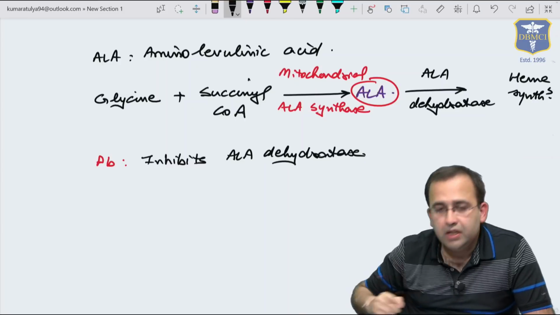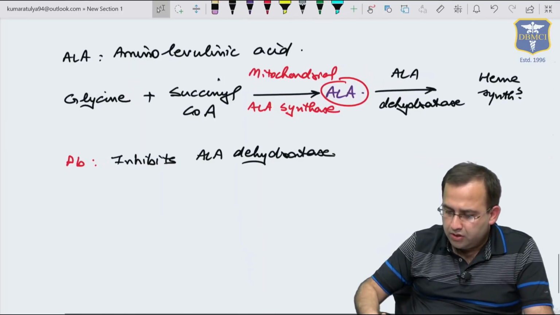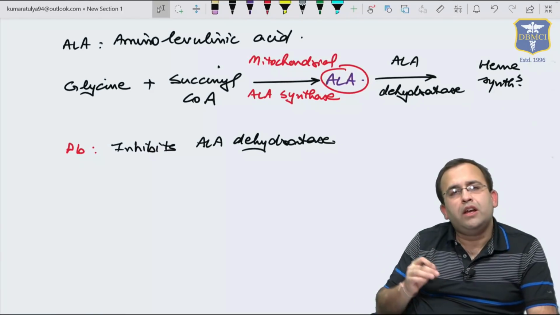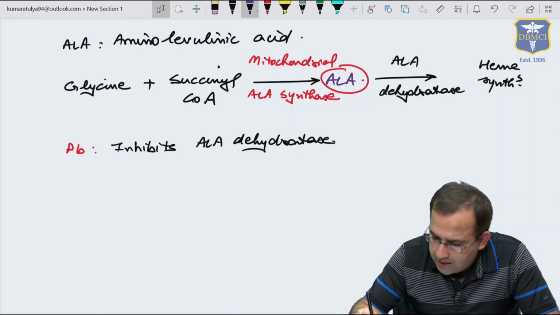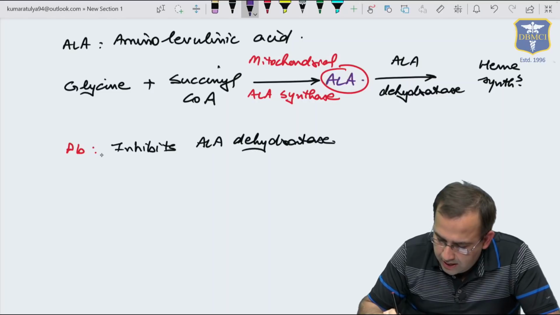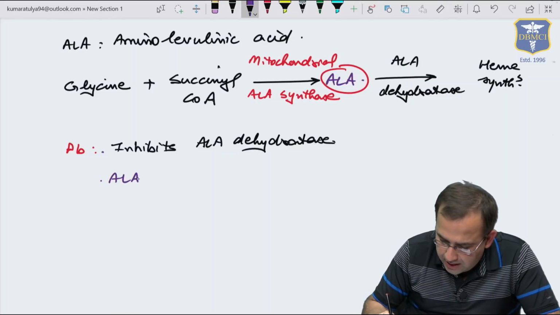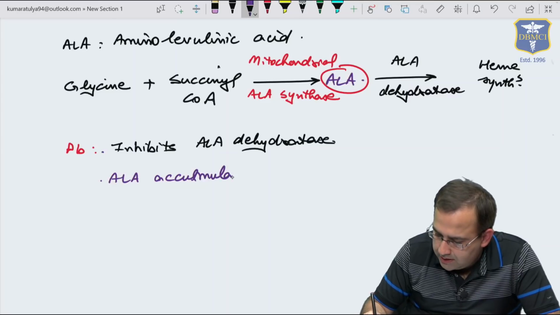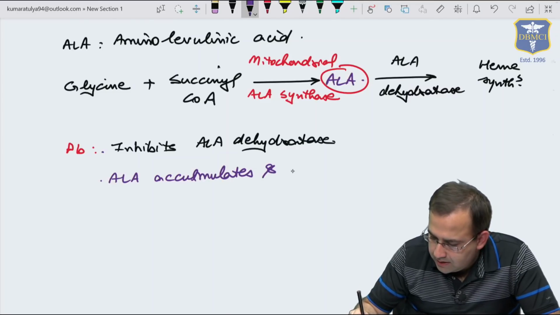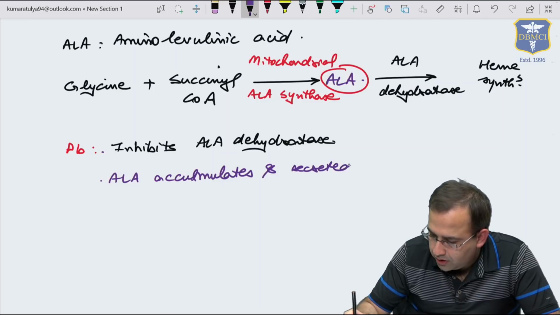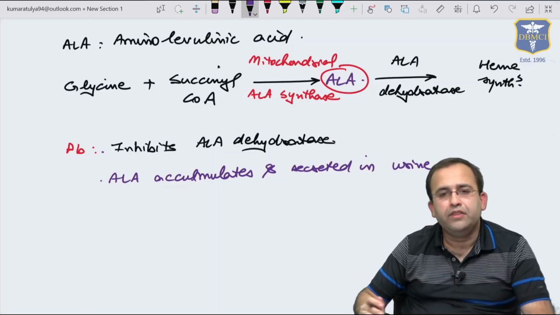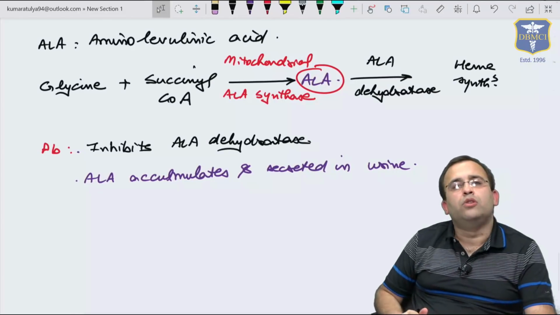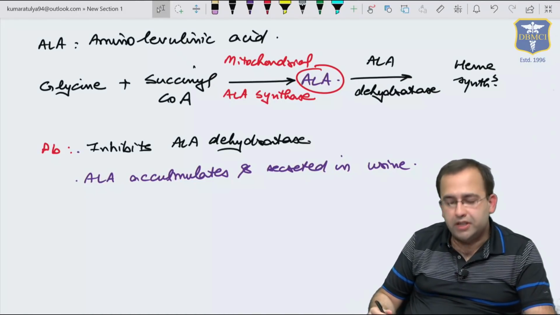You know this much better than me from biochemistry. Lead inhibits ALA dehydratase. As a result, ALA accumulates in the body and is secreted in urine. This is lead and the role of ALA dehydratase.